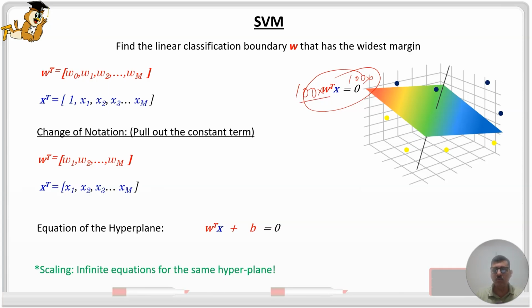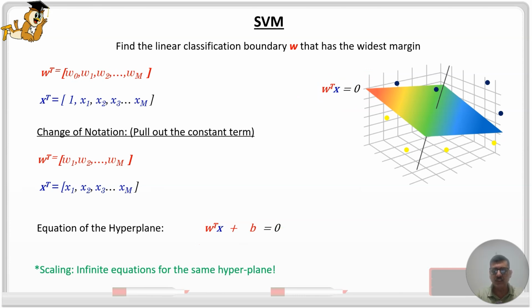So if I multiply each of the W's by 100, it doesn't matter, because 100 times W transpose X equals 0. Similarly, in my new notation, I could multiply each of the W's by 100, multiply the B by 100, and it would still be the equation of the same hyperplane. This could be any constant right here, because any constant times 0 is 0.